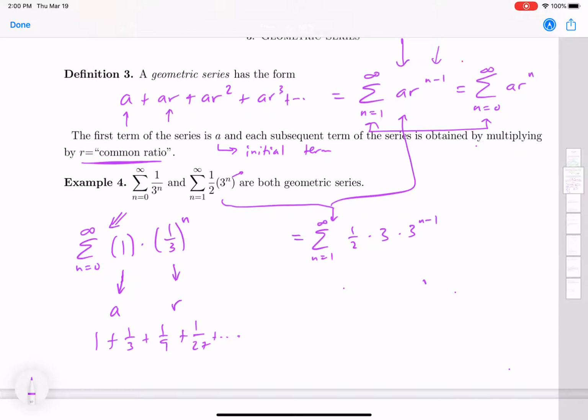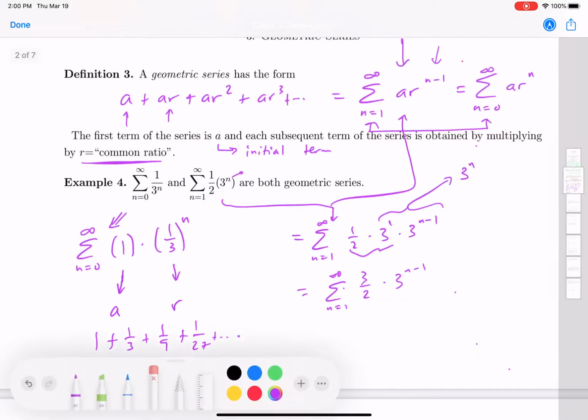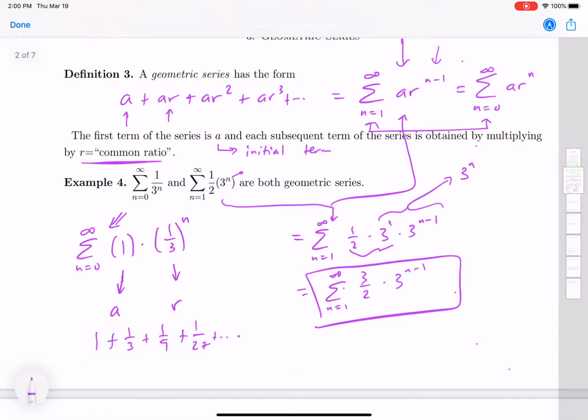So 3 to the n, this whole thing right here is 3 to the n, because this is like a 3 to the 1. And when I multiply those two together, I'll add the exponents, and the 1 and the -1 will cancel. And then I can combine these two to get sum to infinity, n equals 1 of 3/2 times 3 to the n minus 1. And that will now look exactly like the form that I have here.